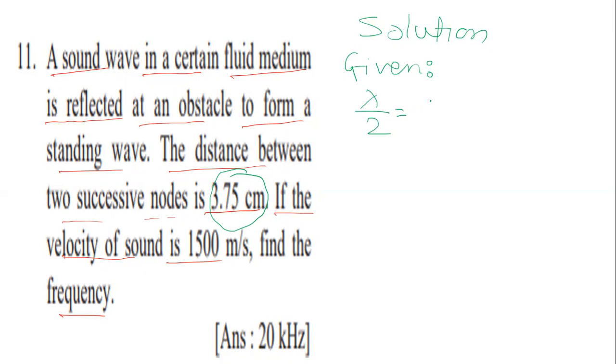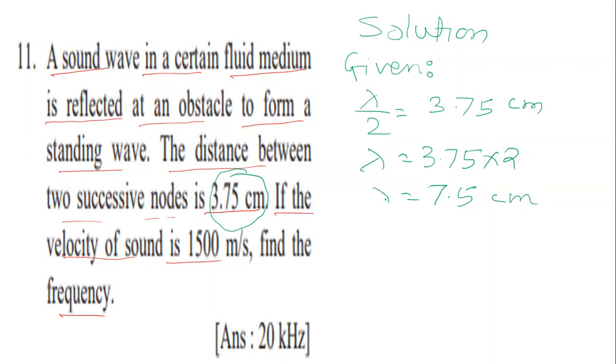Therefore, lambda by 2 is equal to 3.75 centimeter. Therefore, wavelength lambda will be equal to 3.75 into 2, that is equal to 7.5 centimeter. So wavelength lambda will be equal to 7.5 centimeter.